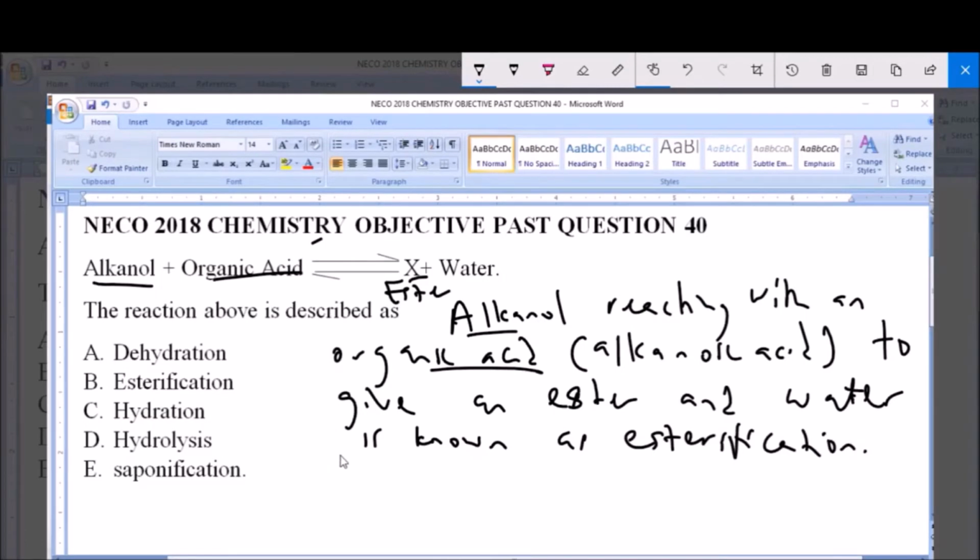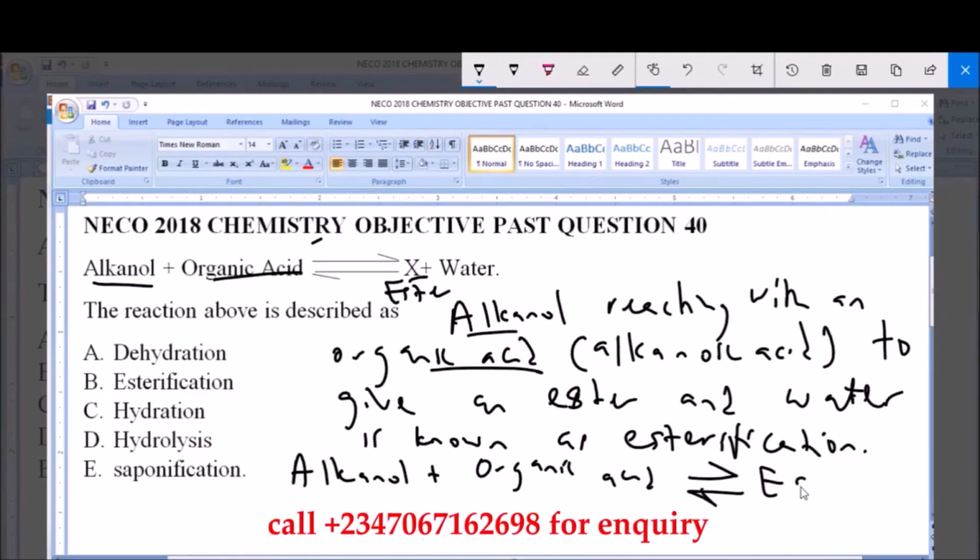Okay, so this is what the complete reaction looks like. You have alkanol plus organic acid reacting reversibly to give an ester and water.